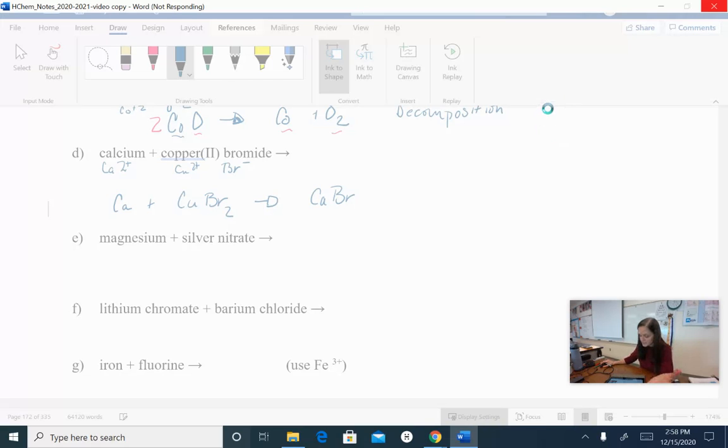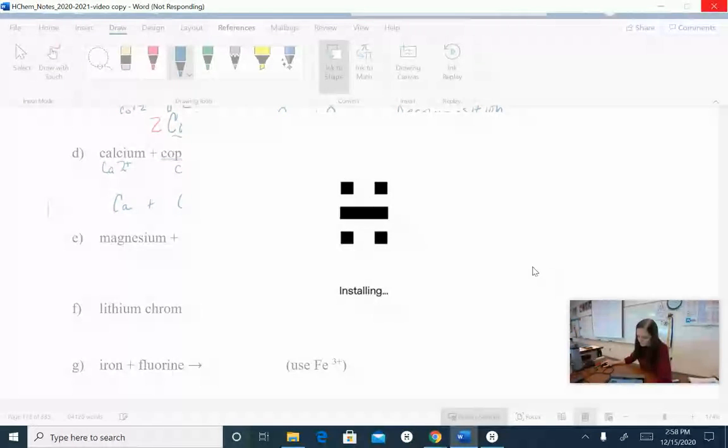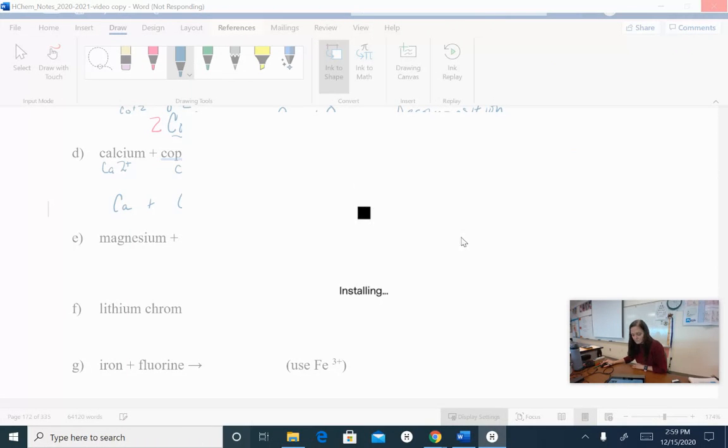Come on, it just spent a ton of time thinking. Oh, yay. And now my computer has decided to start installing its update. Fabulous.